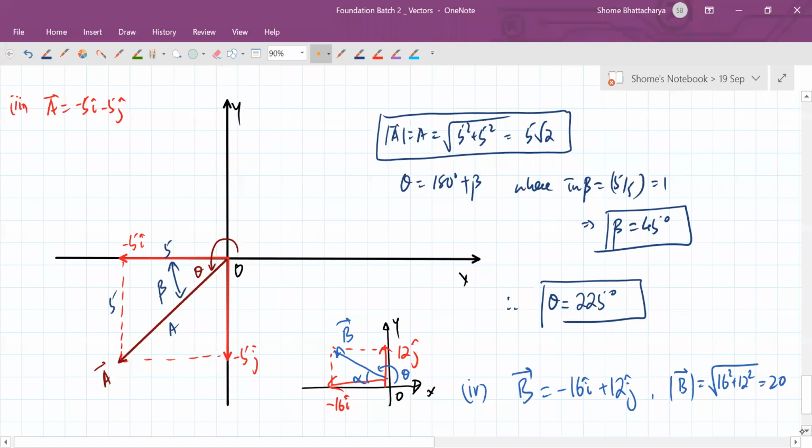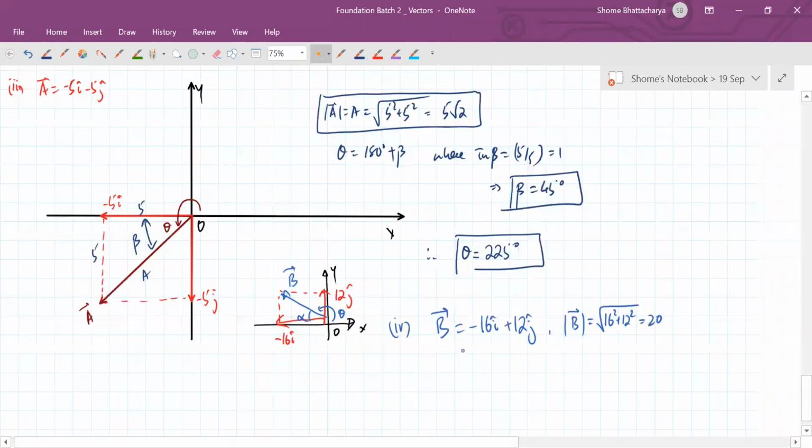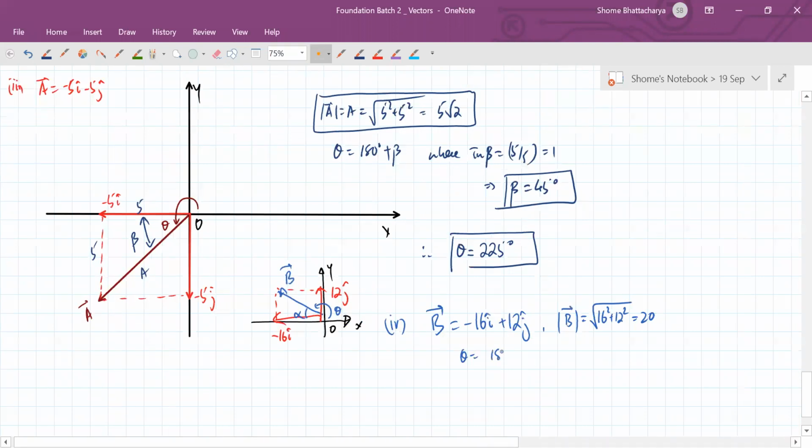And theta will be 180 minus alpha, where you can see in this triangle, tan alpha is... alpha is 37 degrees.